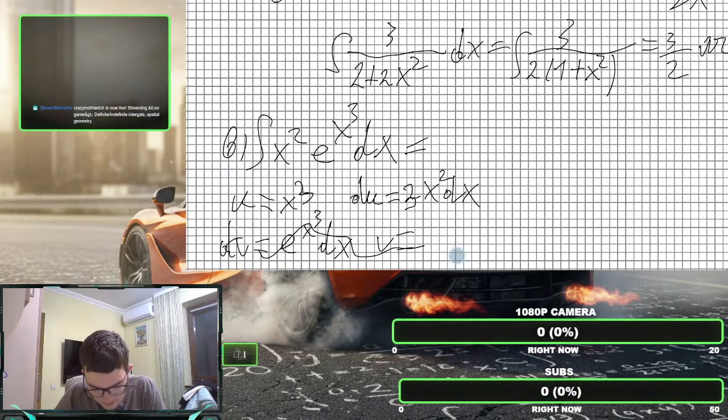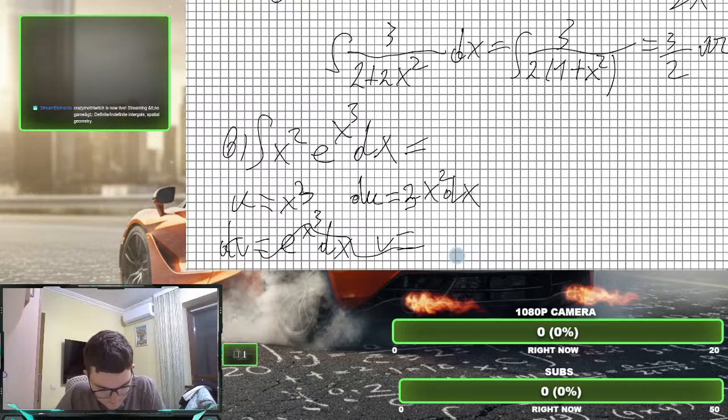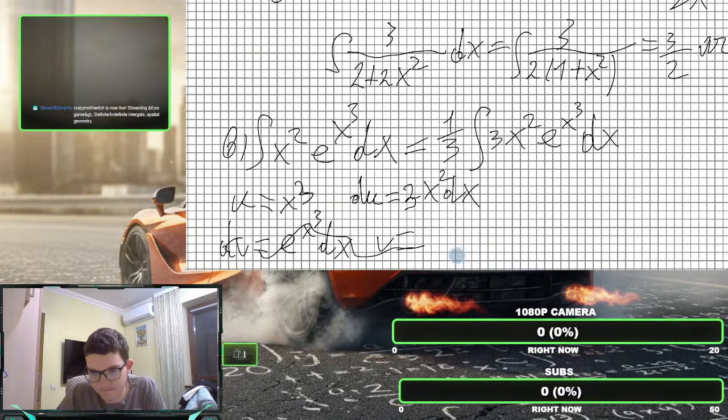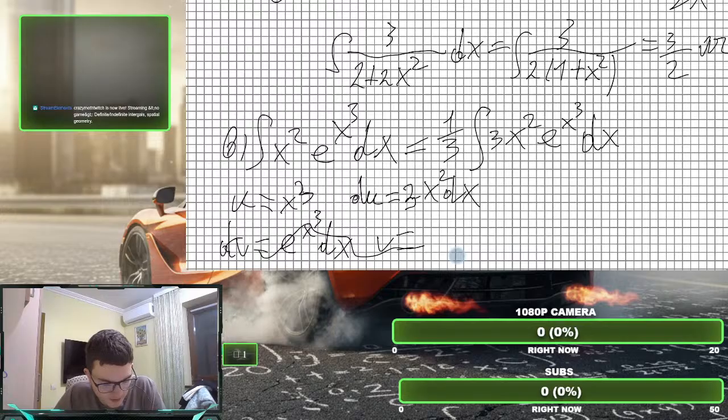It's saying that it's 1 divided by 3 integral of 3x to the second power e to the power of x third power dx. Why like this? It's pretty hard to understand. How did we get to this?